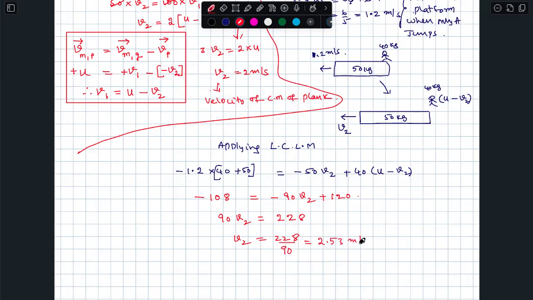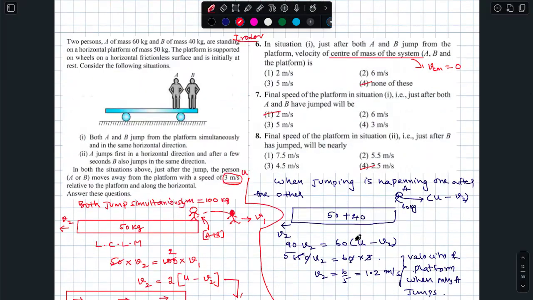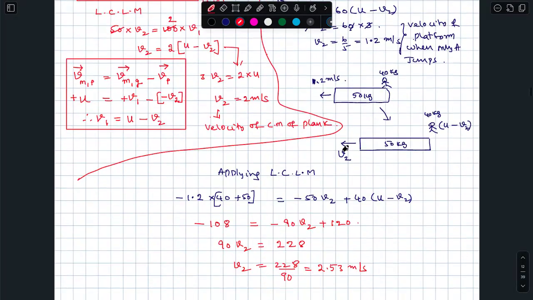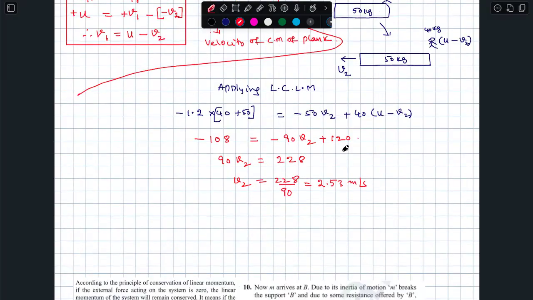2.53 meter per second. They have given the answer as nearly, mentioned here. So you will get the answer as 2.53. Actually, if it is 2.53, you should mark 2.53 only.